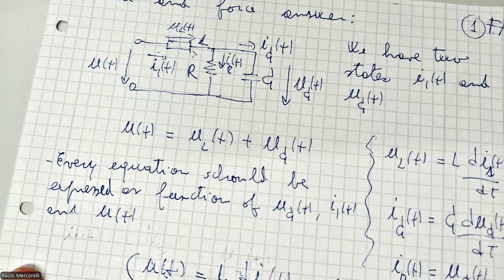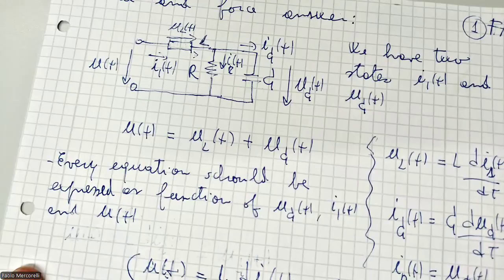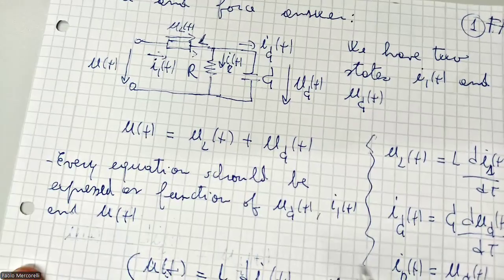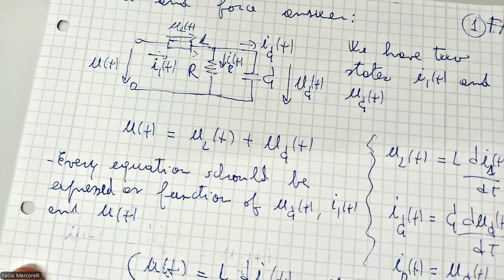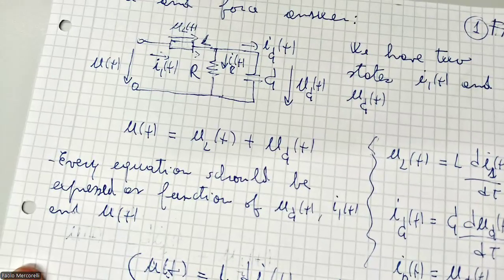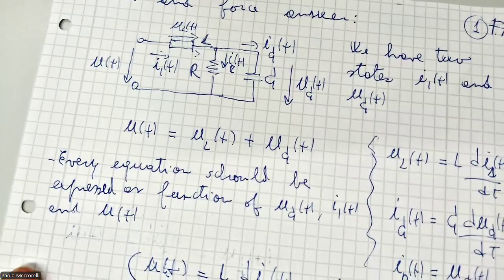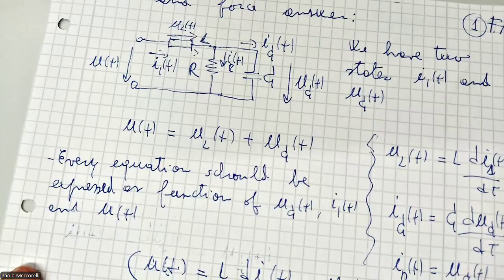This means this equation here is exactly well represented. Why that? Because we have input and the two states already present. The state I1 is represented through its derivative, the change of energy.